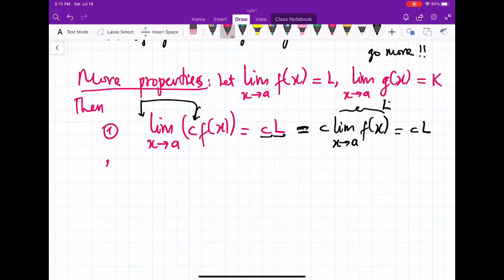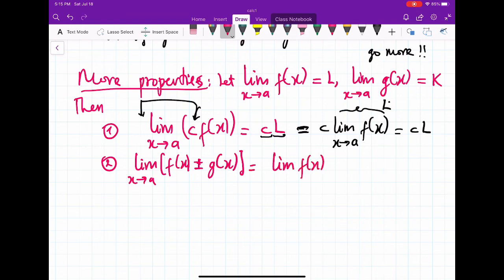Second property, when you have the limit of f of x plus or minus g of x when x approaches a, this is nothing but the limit of f as x approaches a plus or minus the limit of g as x approaches a.